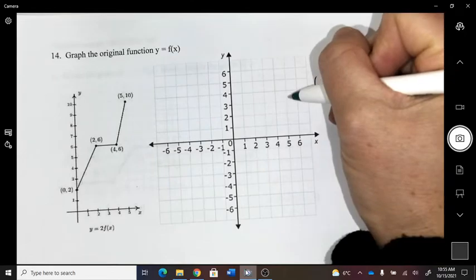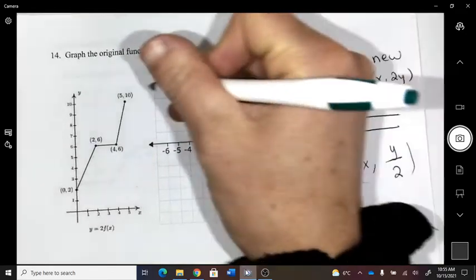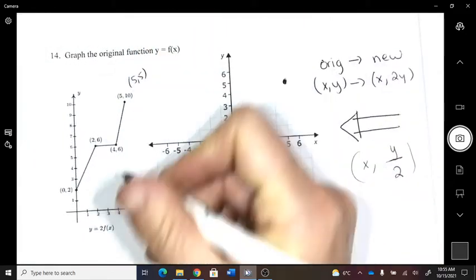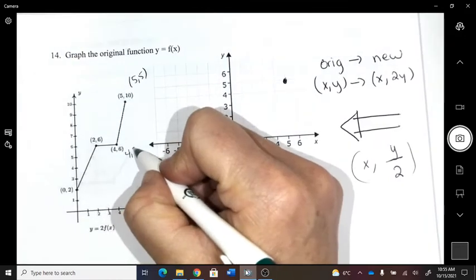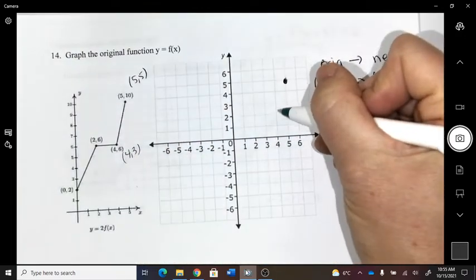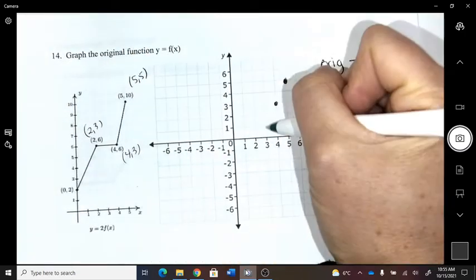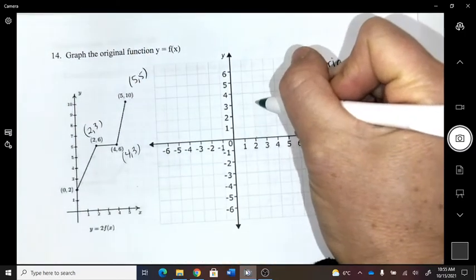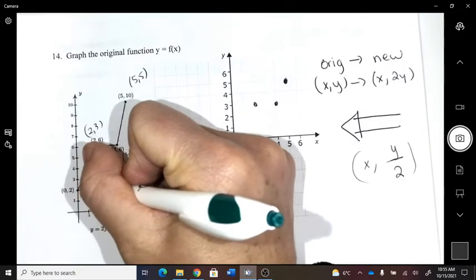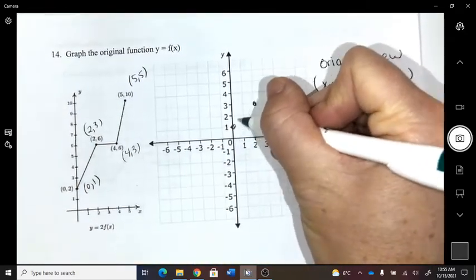So we're going to get 5, 5. We're going to get 4, 3. We're going to get 2, 3. And we're going to get 0, 1.